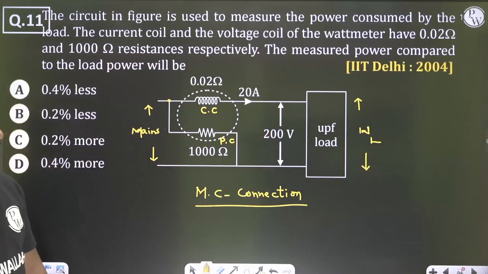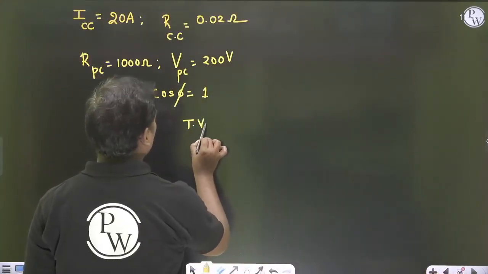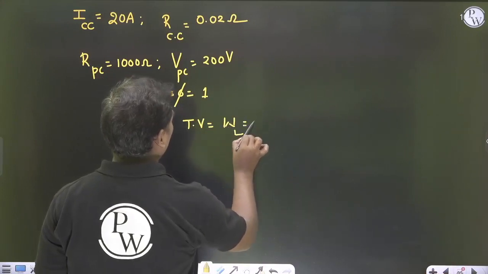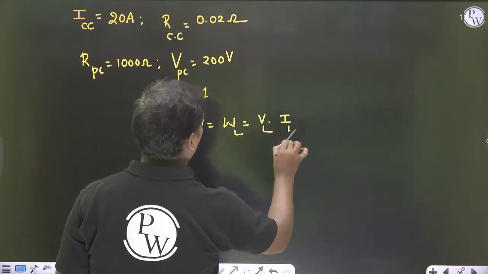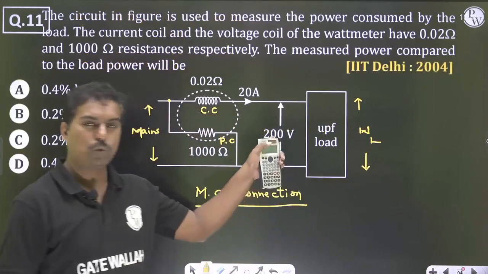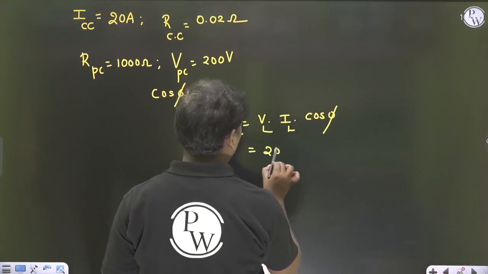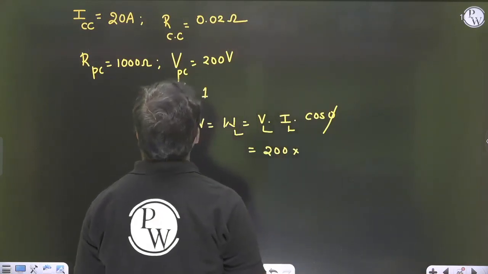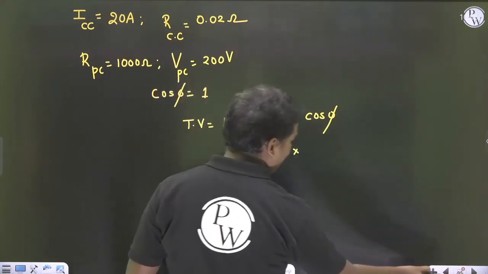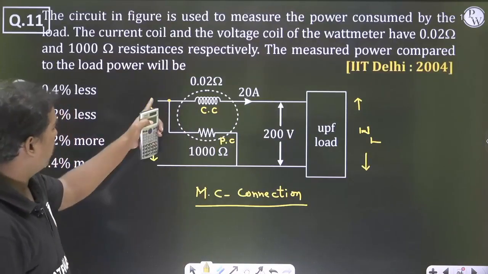So what is the true value? The true value of the power is equal to WL, which is nothing but VL IL cos phi. The voltage across the load is given as 200 volts, so I will take 200 into IL. IL is nothing but ICC, because the same current will travel through the current coil.